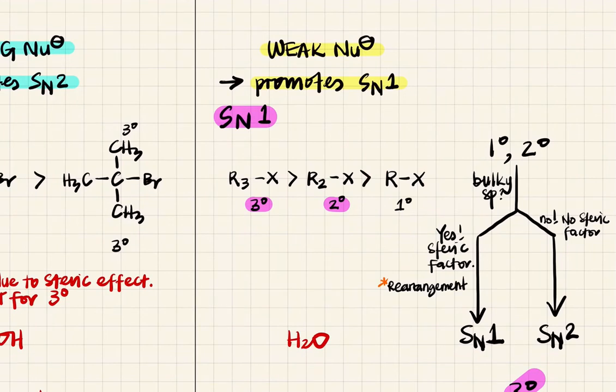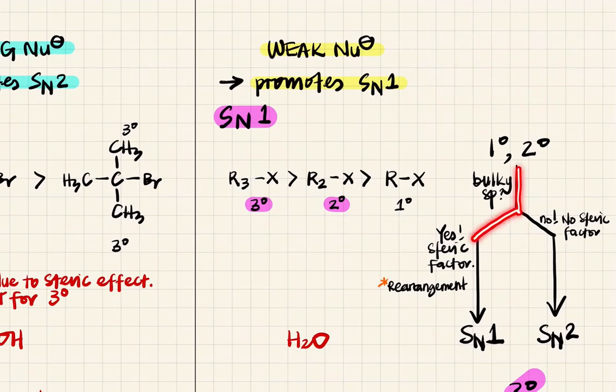Okay, so macam mana nak senang, kita tengok kita punya chart. Let's say kita ada primary atau secondary haloalkane. First, we're going to see whether it has a bulky group or not. Does it have a bulky group? So kalau dia ada CH3, dia ada CH2, CH3 kan. Besar lah tu kan. So maksudnya dia bulky lah.